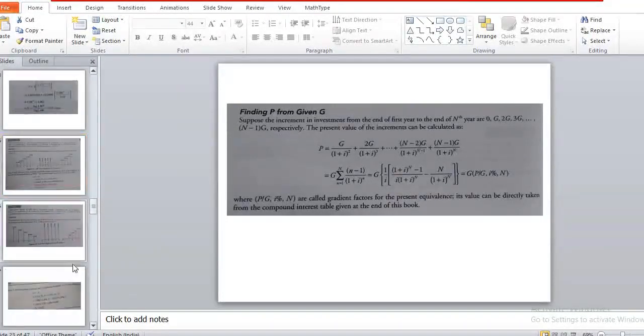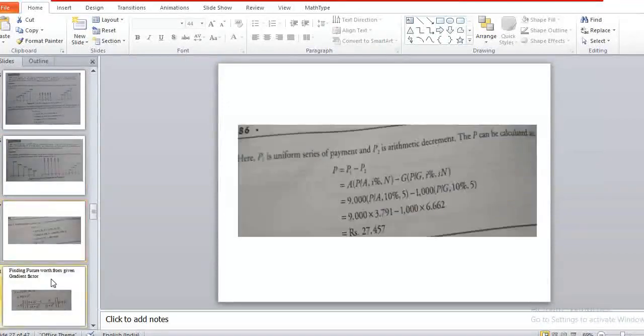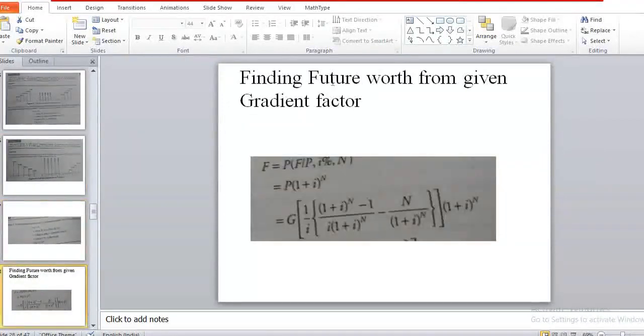So this is the case of finding future worth from the given gradient factor G. We know the formula for finding the future worth: F is equal to P into this future worth factor, and that factor is denoted as P into (1 plus i) raised to n.